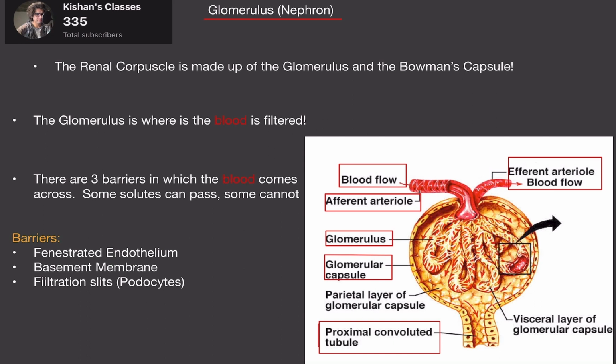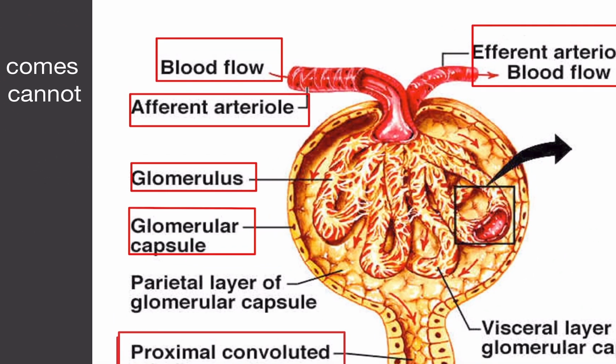Now within the glomerulus, there are three barriers, and these barriers are what does the filtering. So blood that needs to be filtered comes in from the afferent arteriole. So this blood vessel right here. Blood is entering and going this way.